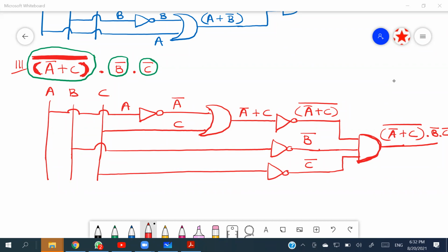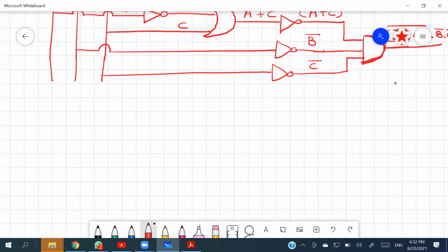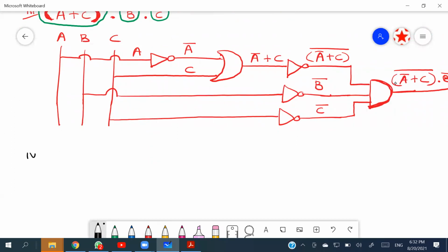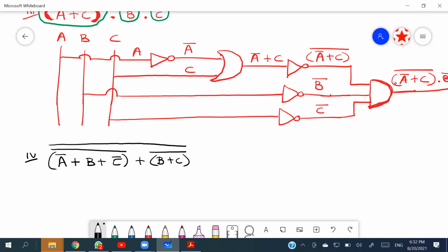Right. I'm going to draw the fourth one. So when it comes to the fourth one, the equation is A bar plus B plus C bar, and it has a total bar at the outside, and plus B plus C, again a total bar and a big bar out of everything, right?